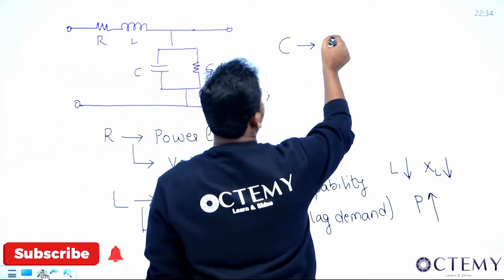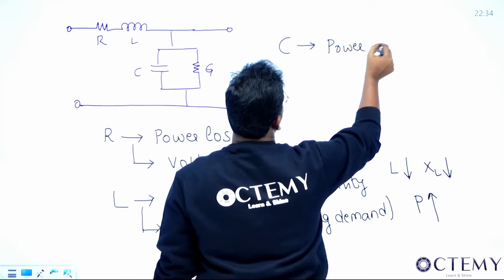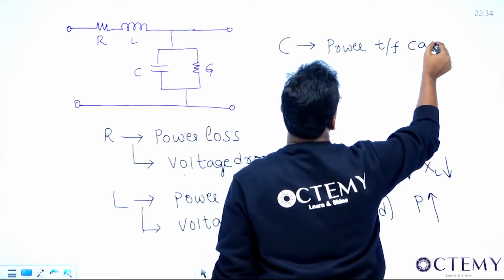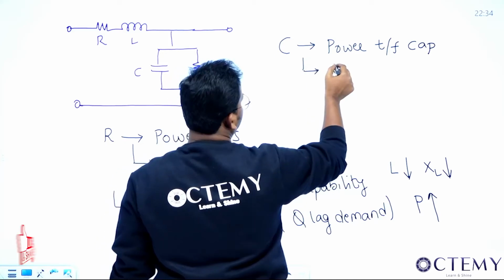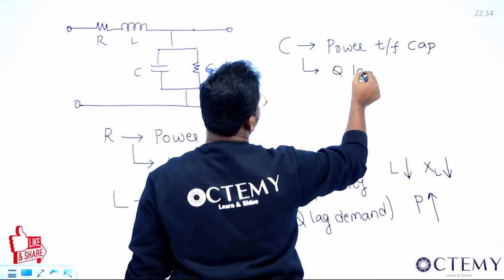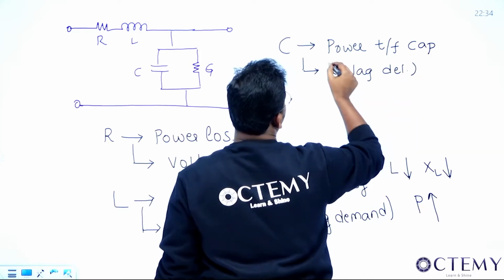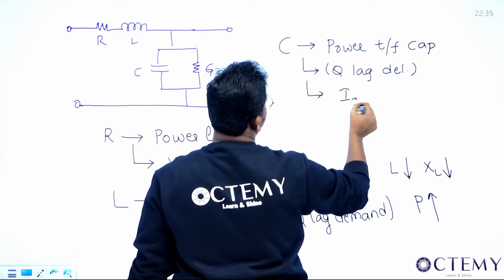Similarly, this also changes your power transfer capability, and it also talks about Q lag. It demands, so it delivers. Or I can also talk of this as charging current.